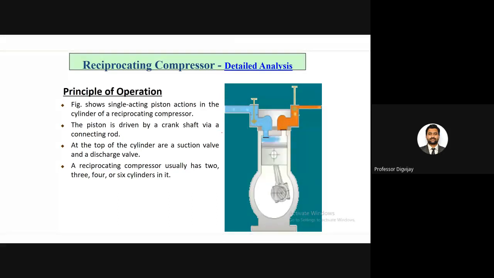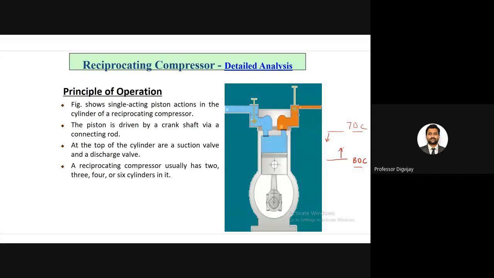The piston is initially at top dead center, TDC. Then it starts moving in the downward direction, so it takes the air inside, then it reaches BDC. Once it takes the air inside, you start compressing again. Compressing means it moves from BDC, bottom dead center, to TDC, top dead center.